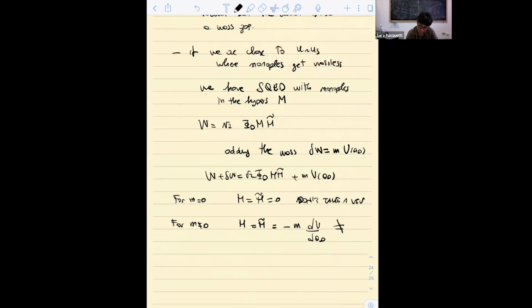Anyway, this is non-zero. So monopoles take a vev.